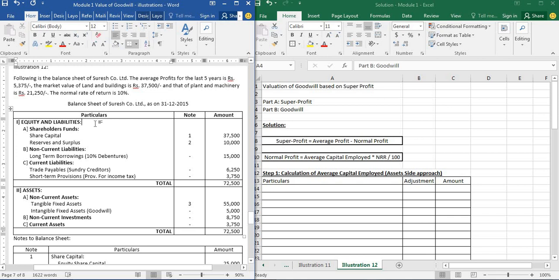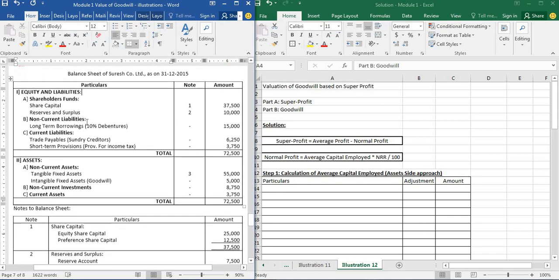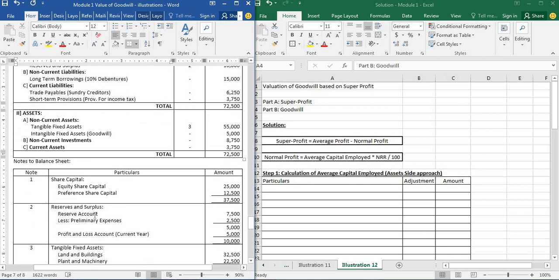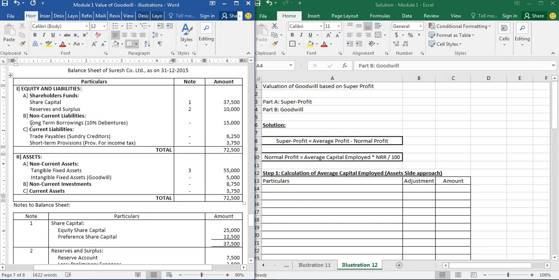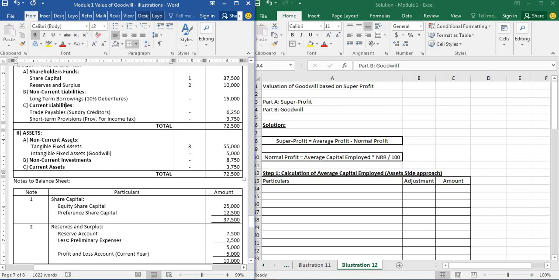Balance sheet of Suresh Company Limited as on 31/12/2015. So they've given us the balance sheet. There is share capital, there is reserves and surplus. We have a working note for the same. Then we have outside liabilities in the form of long-term borrowings, trade payables, and short-term provisions. Then we have the asset side.